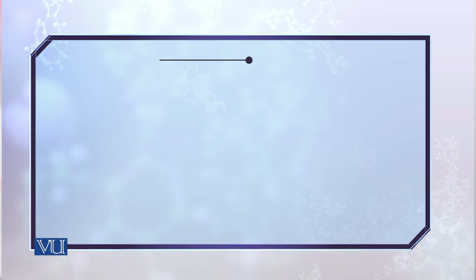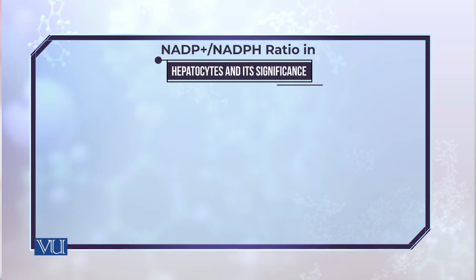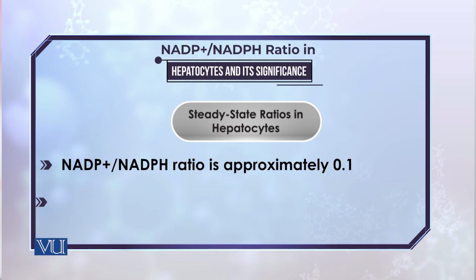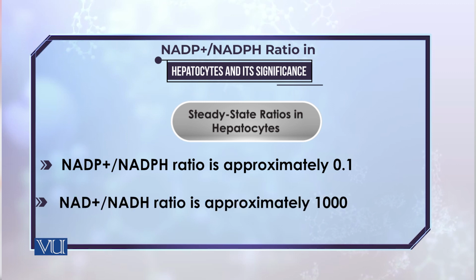In order to know the reducing ability and reducing role of NADPH, it will be nice to see the ratio between NADP and NADPH, or NAD and NADH, in the liver cells, in the hepatocytes. In the hepatocytes, the ratio between NADP and NADPH is around 0.1, which means that here NADPH acts as the reducing equivalent.